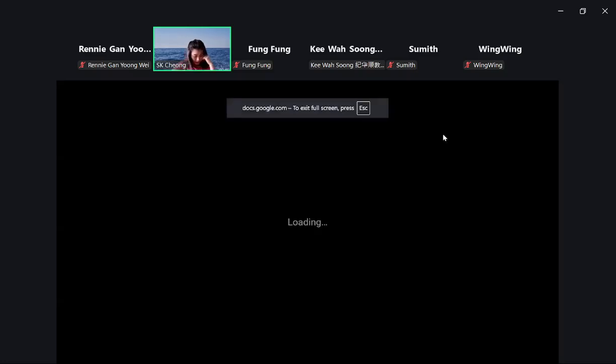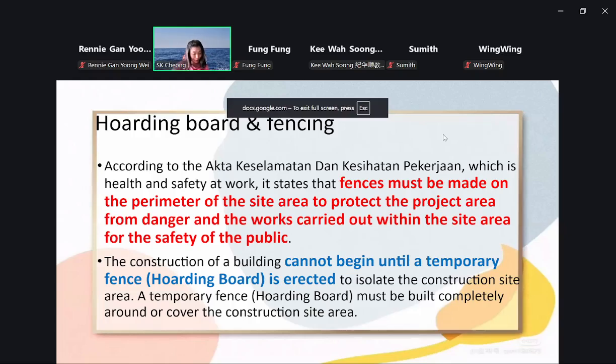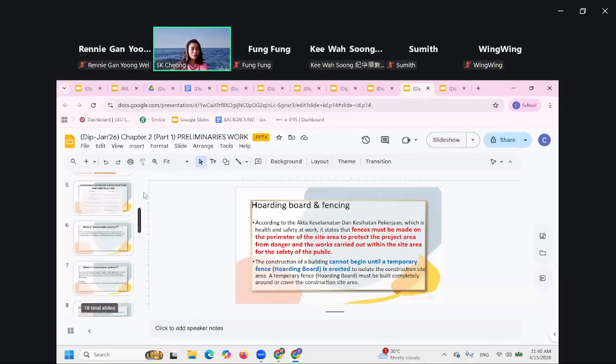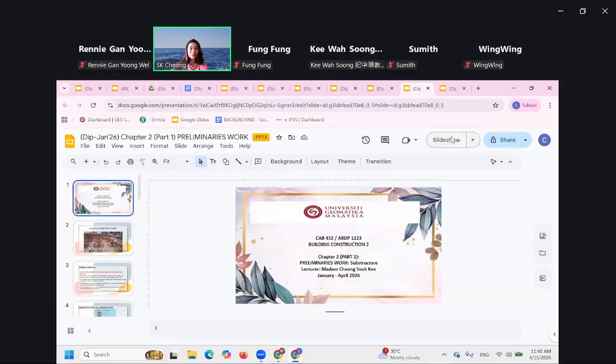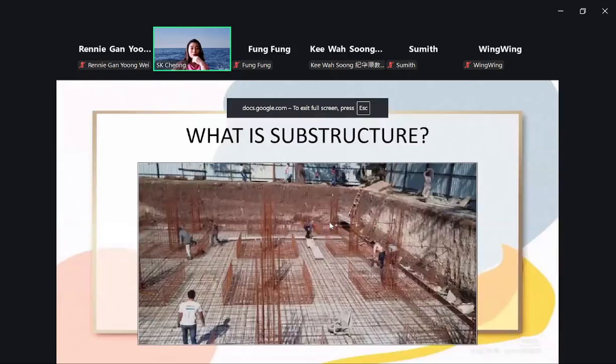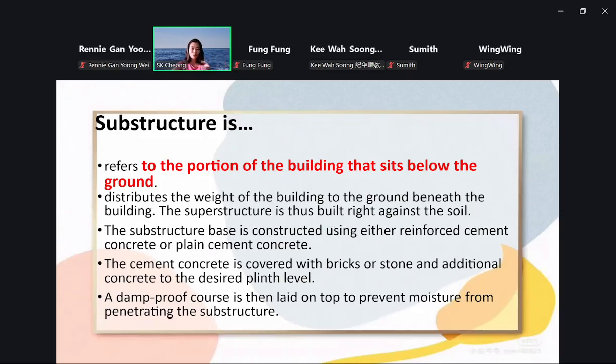Okay. Chapter 2 prelim, we learn about a very brief introduction of substructure. Substructure is, if the question is about definition, you can use your understanding to answer the question, right?